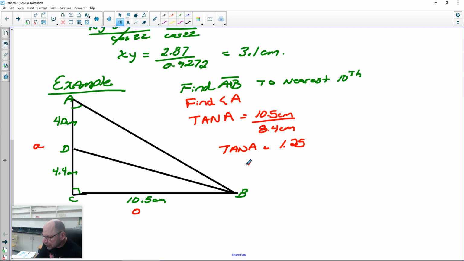Okay, we'll do inverse tan, and I get 51.3 degrees. Okay, so there's my angle on the top.